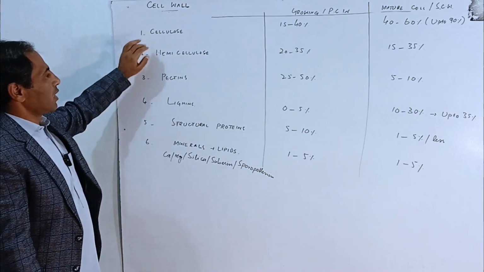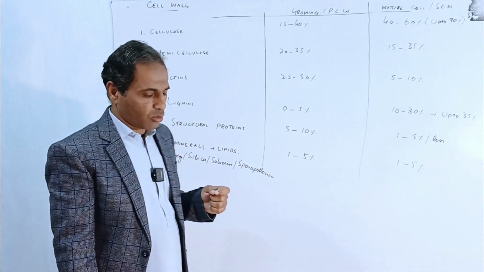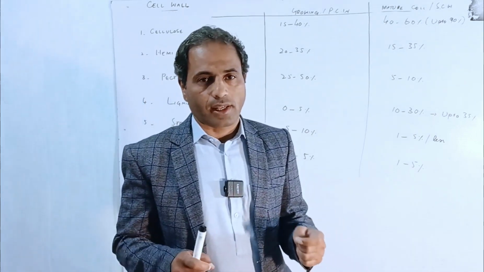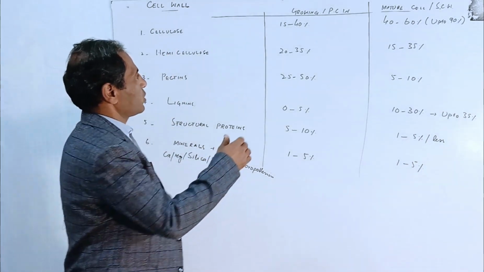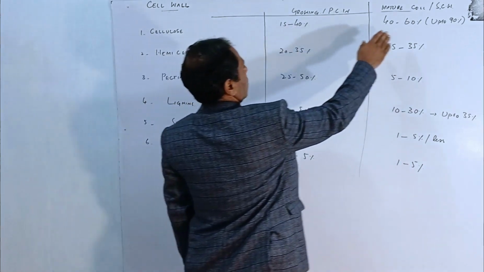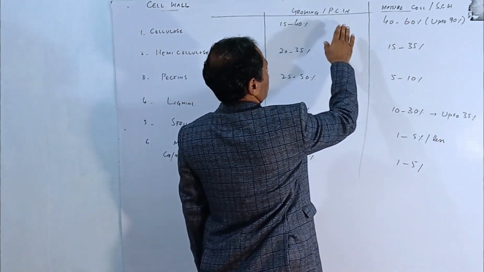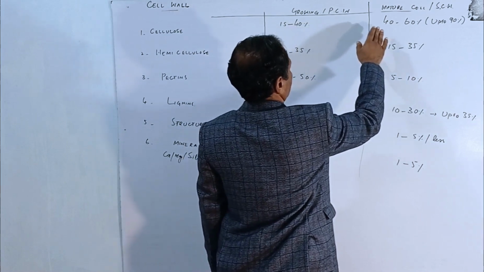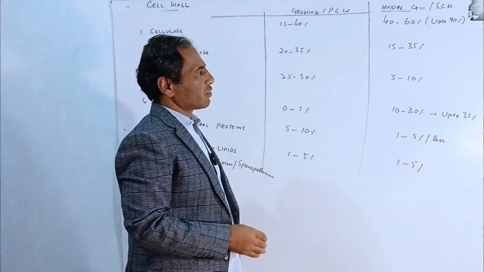As we understand, cellulose is one of the important chemical constituents of the plant cell wall. If we compare the composition between a primary and secondary cell wall, 15 to 40% of the primary cell wall contains cellulose, and 40 to 60% in the secondary cell wall.